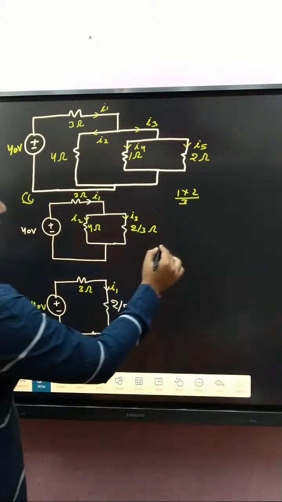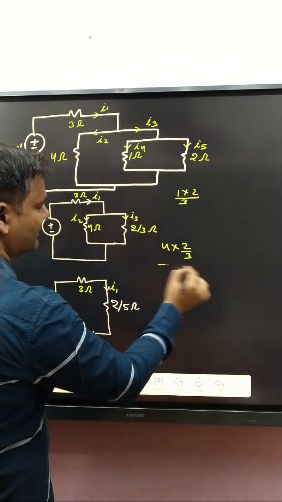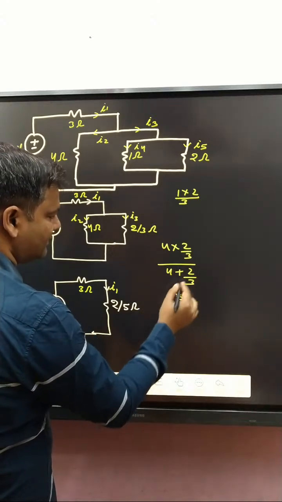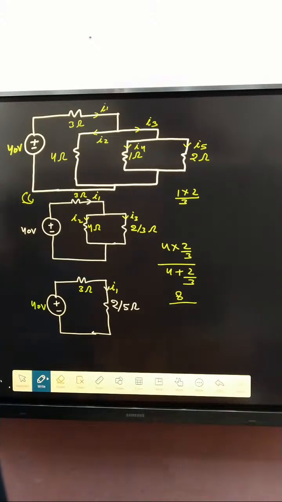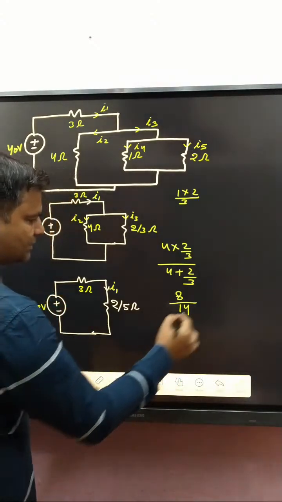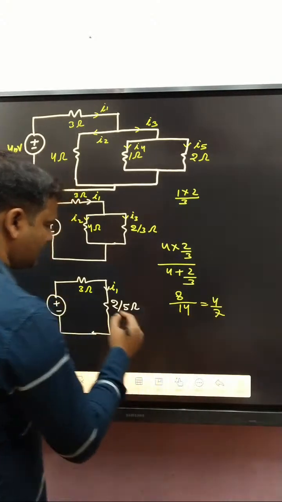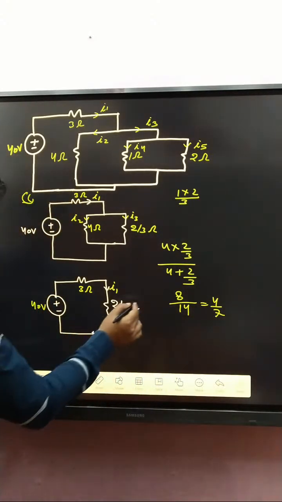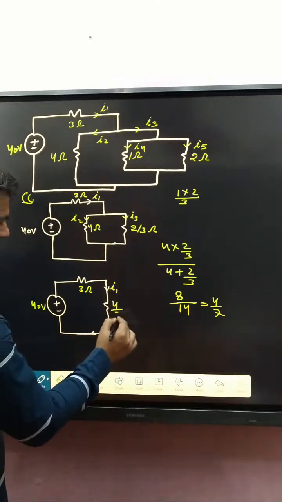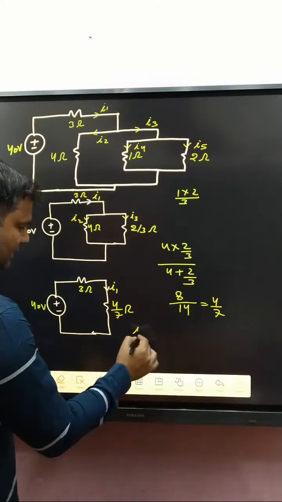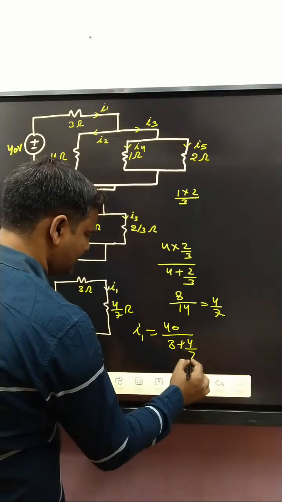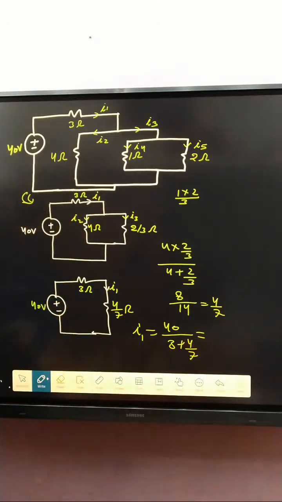So 4 into 2 by 3 divided by 4 plus 2 by 3. That is 8 divided by 12 plus 2, 14. So 4 by 7. So basically that one is 4 by 7 ohm. So what about I1? I1 is 40 divided by 3 plus 4 by 7. Clear?